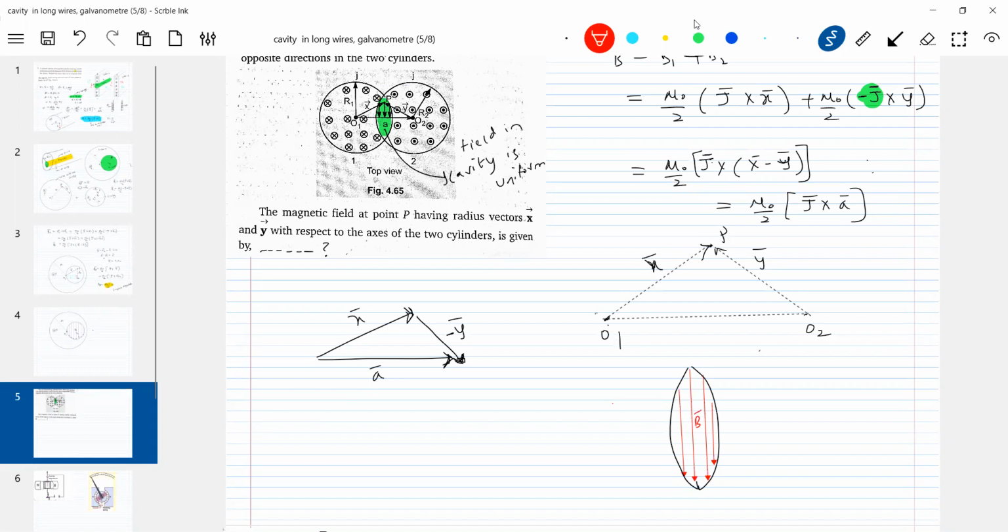Okay, so these are some good questions that can be asked for you. Any application problems can be brought inside this cavity. You have to be alert.